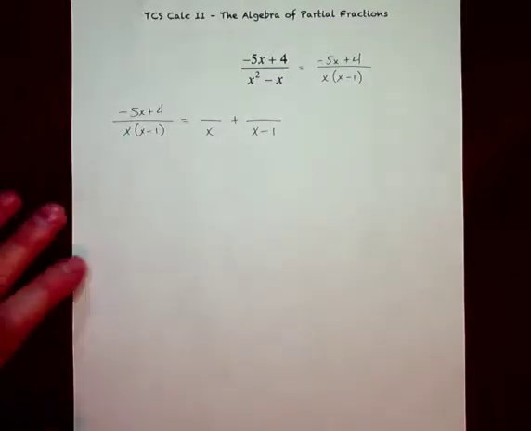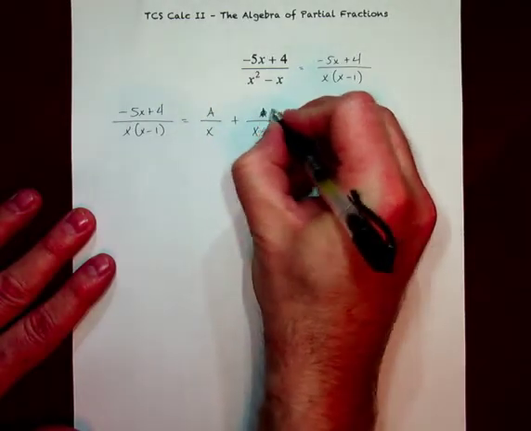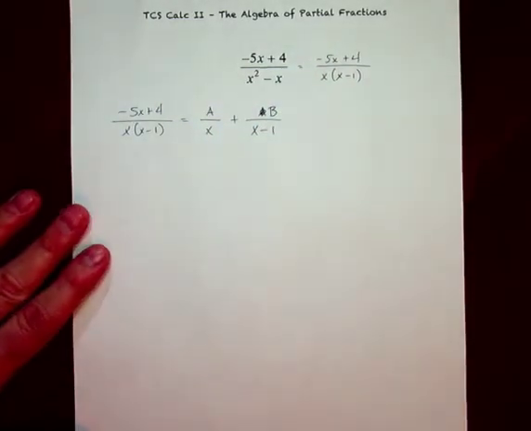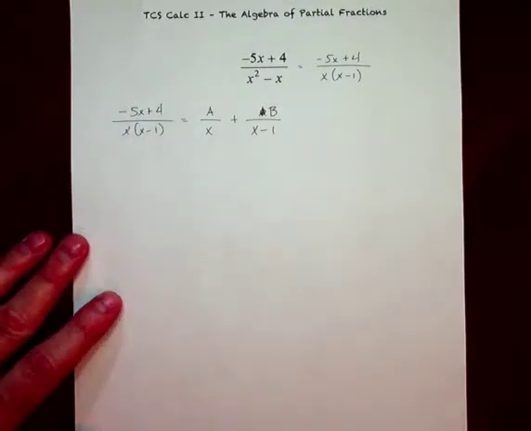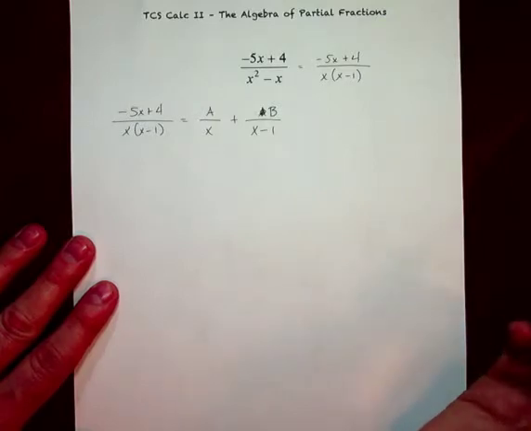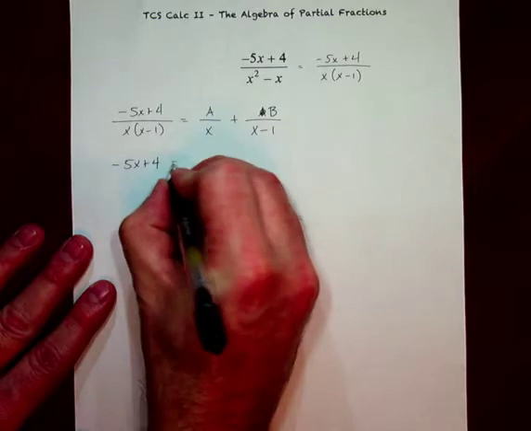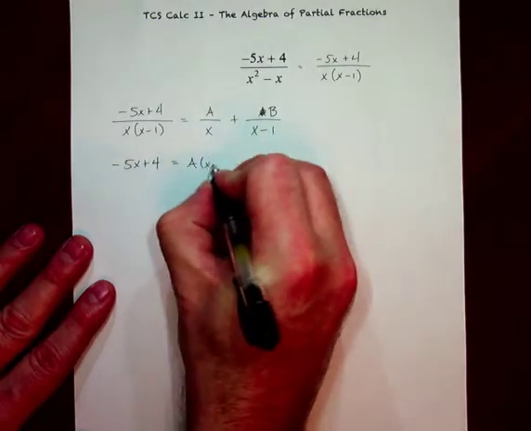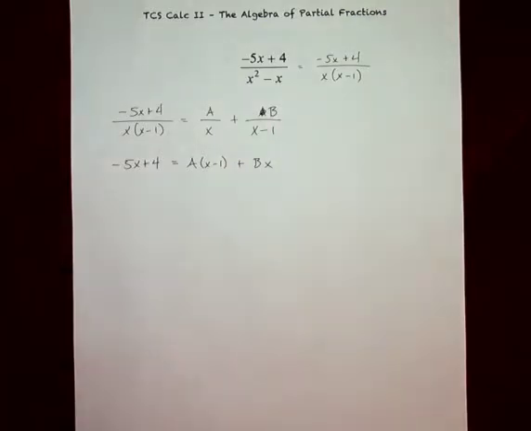The thing that we don't know is what the numerators are going to be that will actually make 5x plus 4 if I were to recombine them. So again, we don't want to deal with it as a bunch of rational expressions. We want to deal with it in more polynomial form. So we're going to multiply through in order to get rid of those denominators. And I get that.